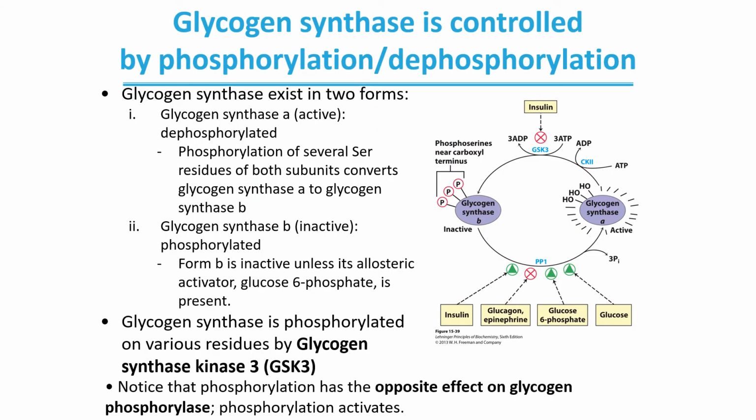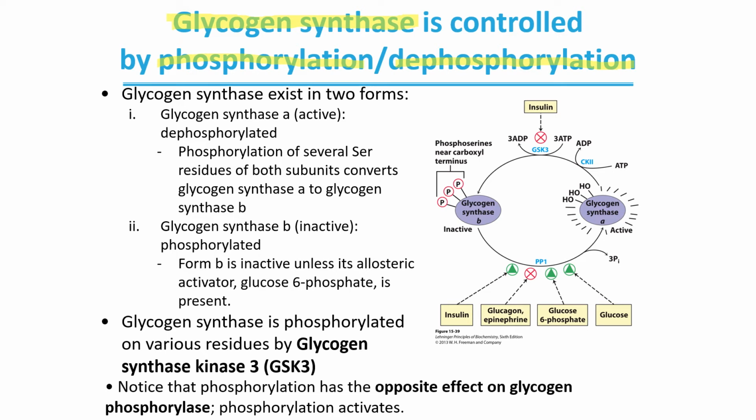So just like glycogen phosphorylase that existed in two forms, this enzyme as well has a similar mechanism. Glycogen synthase also exists in two forms. One is phosphorylated, one is dephosphorylated. But its phosphorylated and dephosphorylated forms are opposite to glycogen phosphorylase in terms of activation and inactivation.